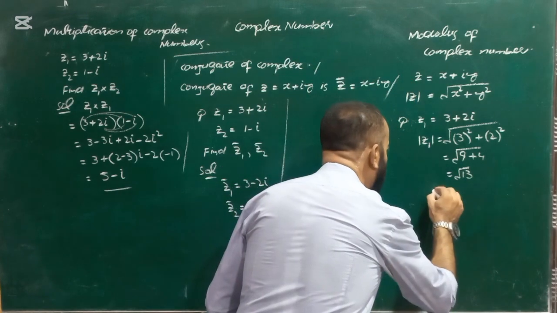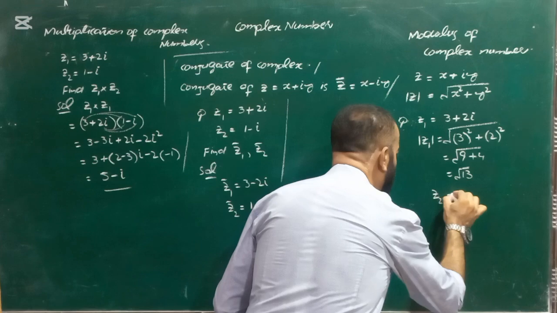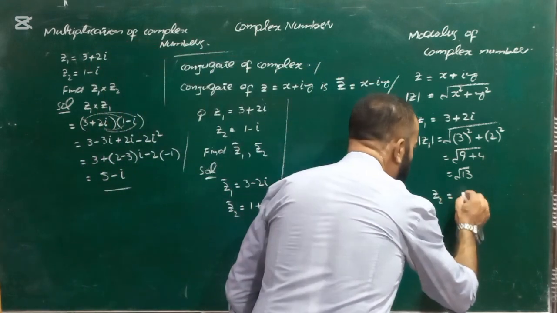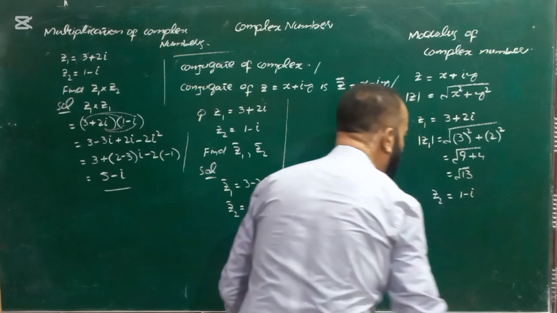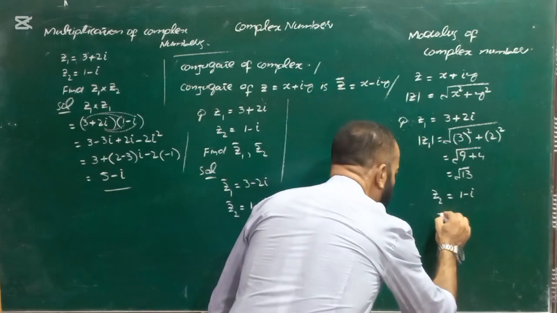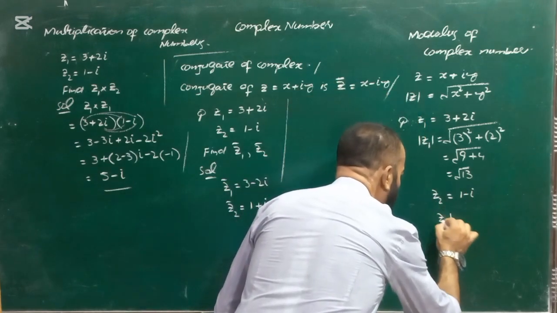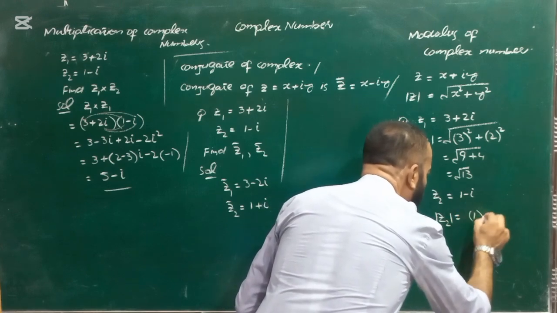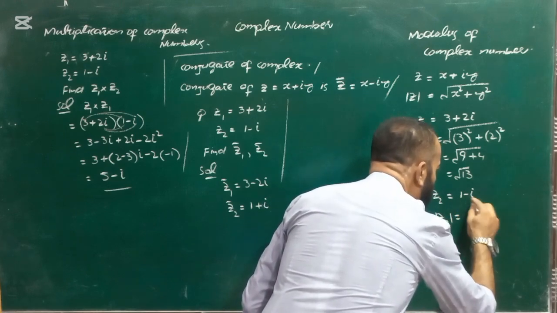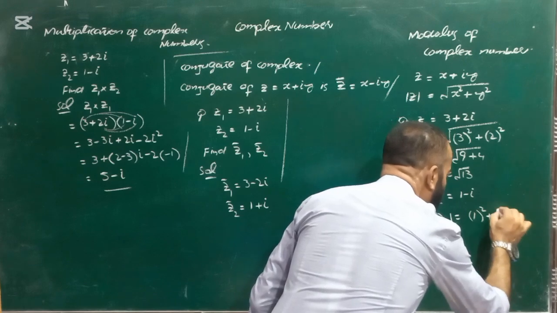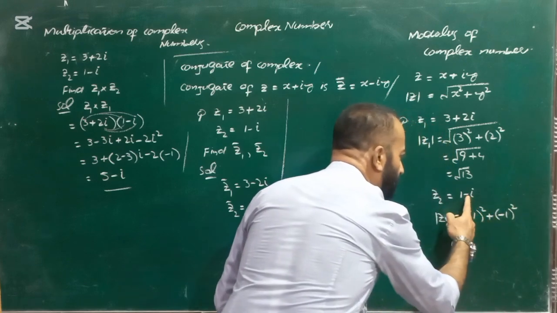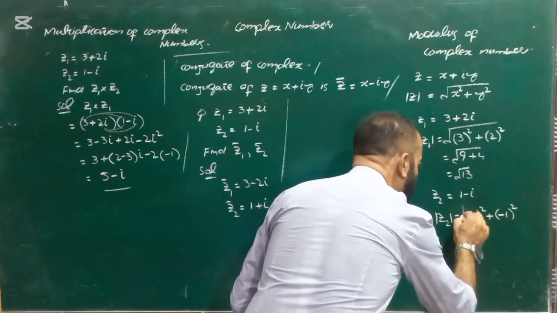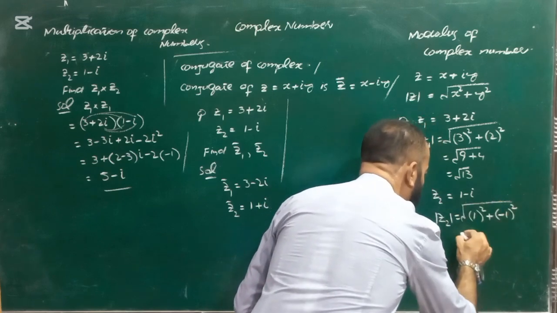And the other complex number is Z2. For example, 1 minus iota is the complex number, and again the modulus can be found by squaring the real part plus squaring the imaginary part, because the imaginary part is -1, and putting a square root over it.